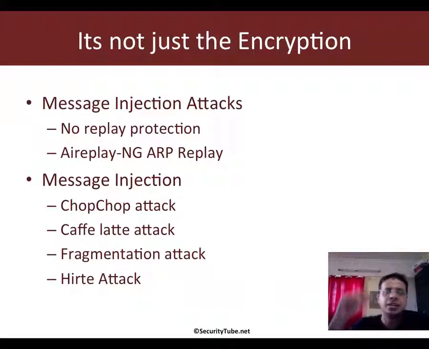In the sense, a packet which was sent by either the client or the access point can be taken by the hacker and can be replayed, and it will be received by the destination without any issues. And a living example of that is what we did in the replay attack using ARP replay packets.